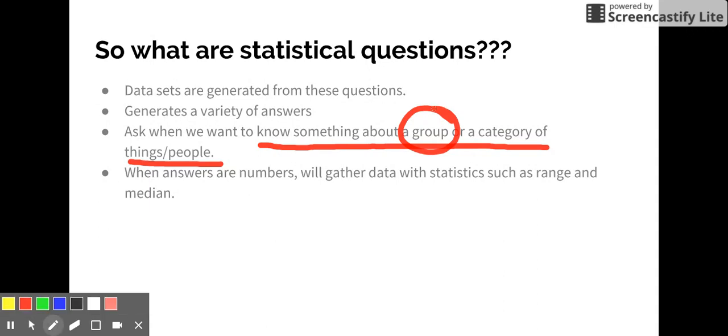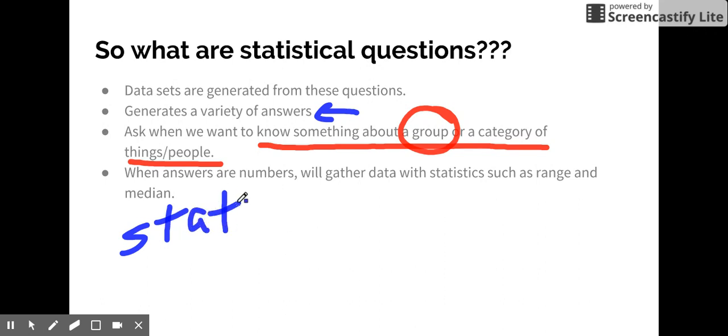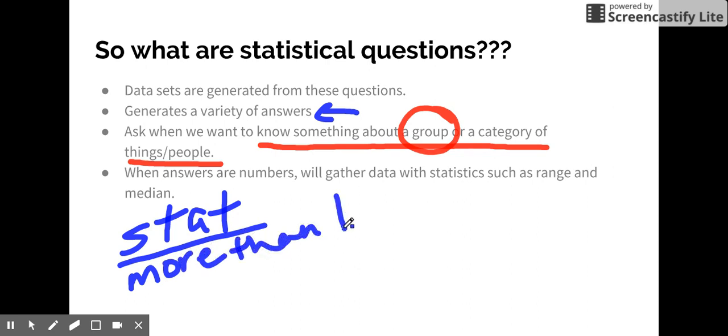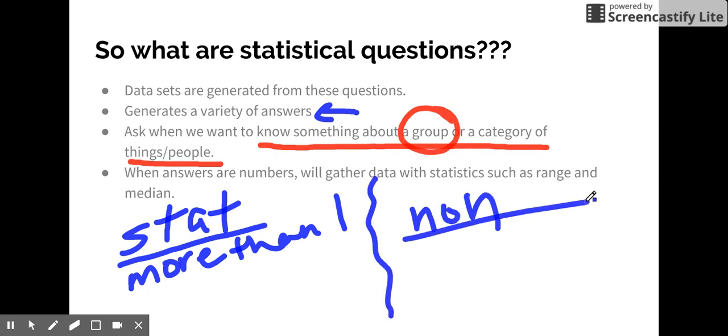When it comes to generating a variety of answers, basically all that means is that when you have statistical, you're going to have more than one answer to the question. When you have non-statistical, you would only have one answer.